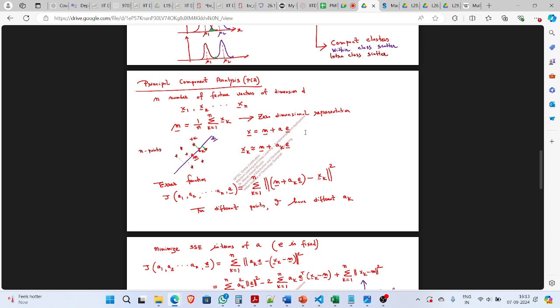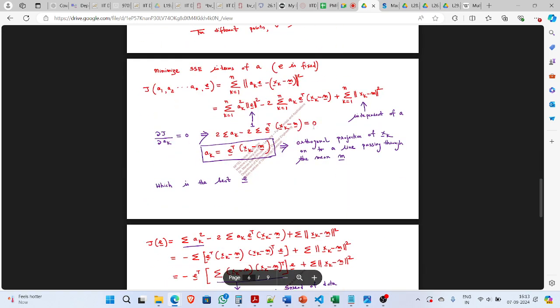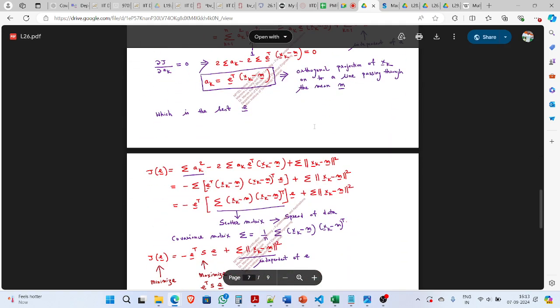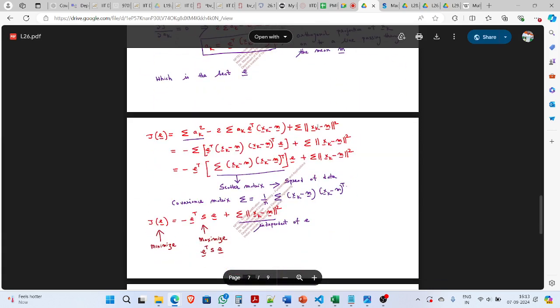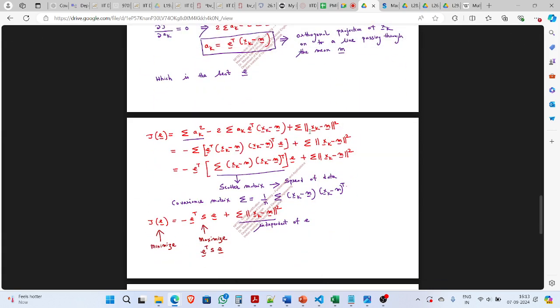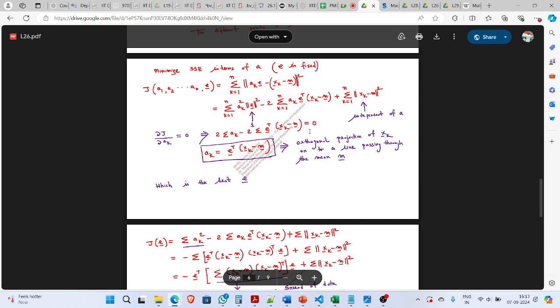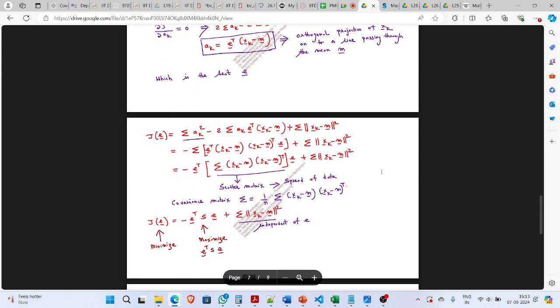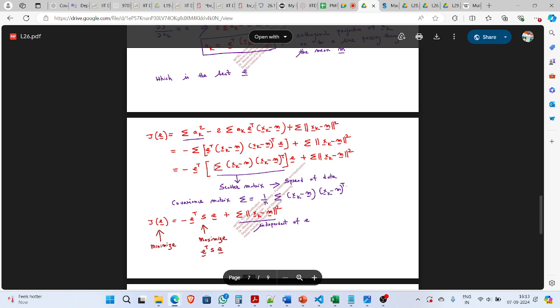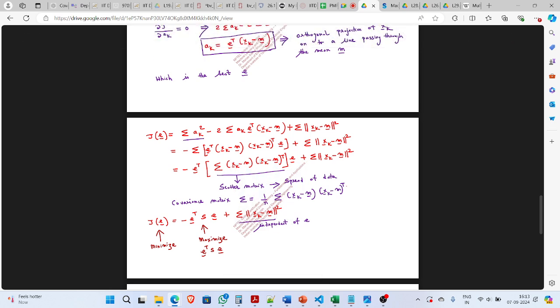So that is how we have represented it. From the univariate case, coming to the multivariate case, as you can see, we have come to that. And this is our covariance matrix, which is also called the scatter matrix, which shows the variance of the data.